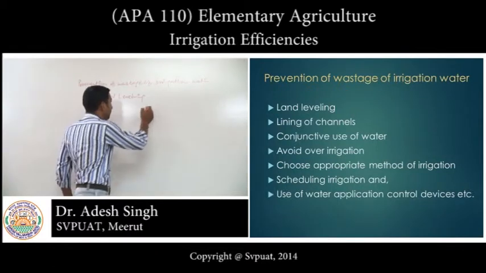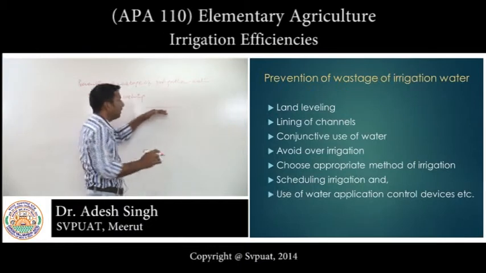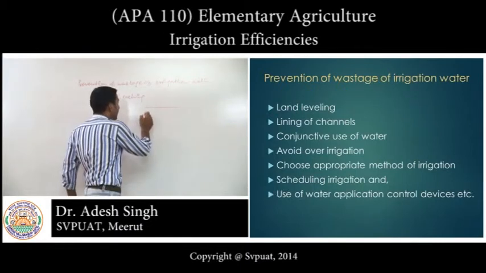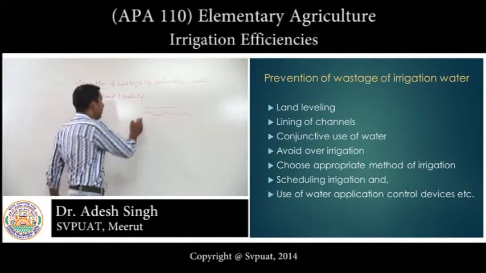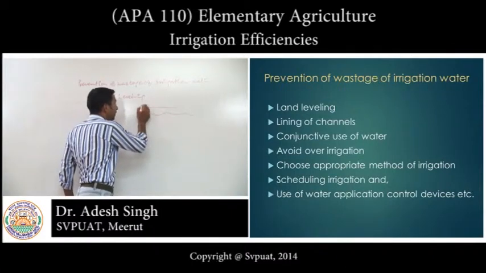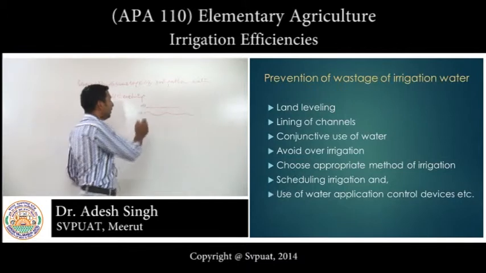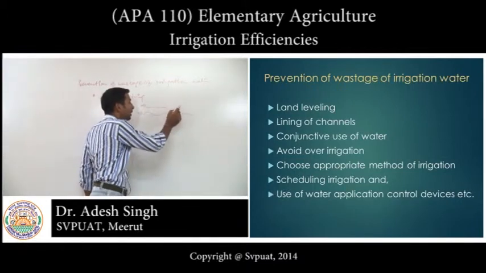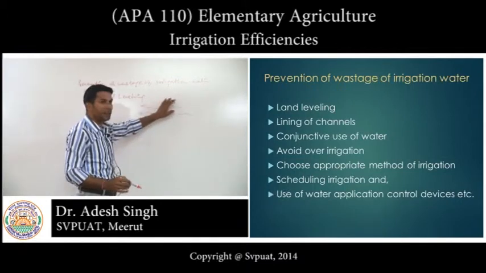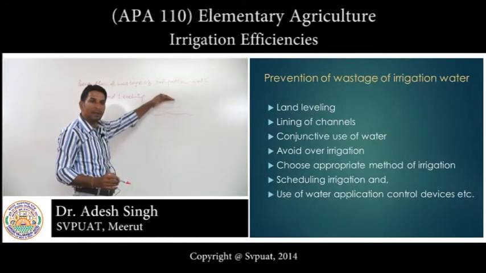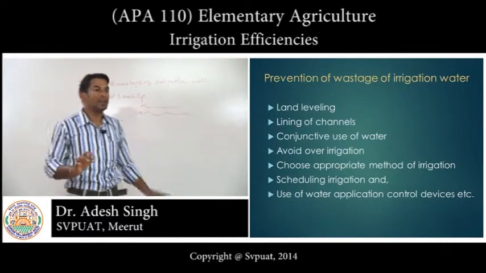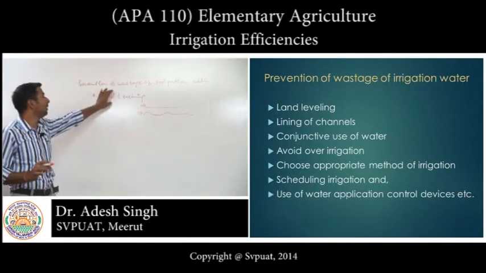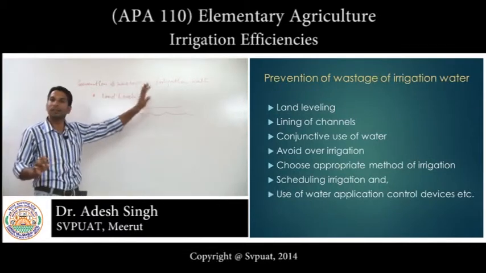Say for example, if one field is leveled and another field has undulating topography, when we provide the water in both conditions, water will spread in less time in the whole leveled field as compared to the undulating field. So land leveling will prevent the wastage of irrigation water.